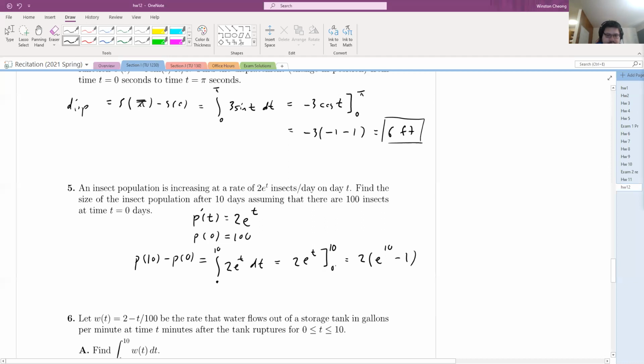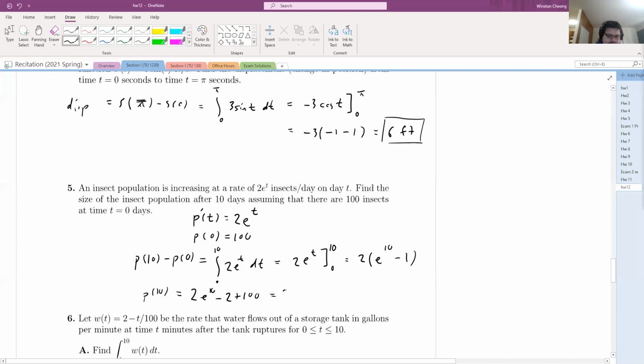Well, we can still work with this symbolically, because actually the last thing we want to do is solve for p of 10. We know that p of 0 is equal to 100, so we'll have 2e to the 10 minus 2 plus 100.